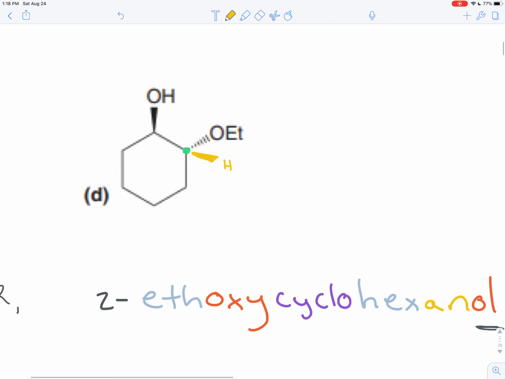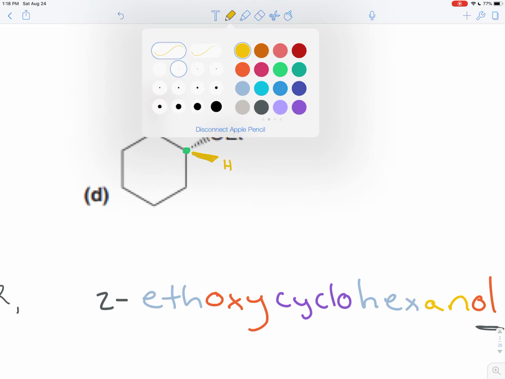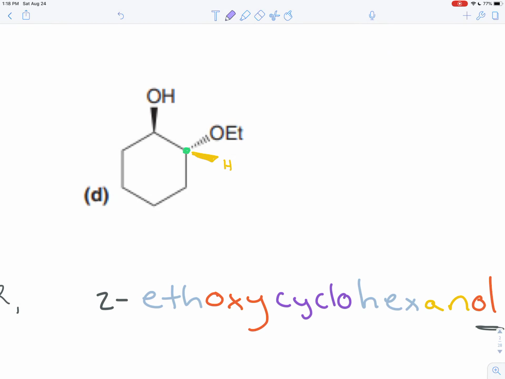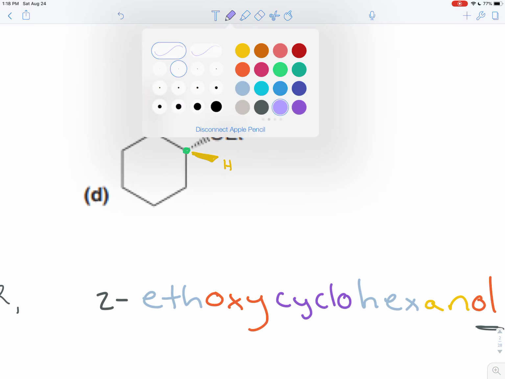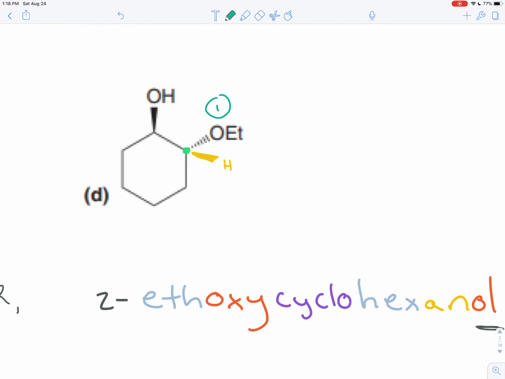Okay, first step is to assign priorities. We already saw in the last one, oxygen has an atomic number of 8, and so that gets the highest priority here. Hydrogen has an atomic number of 1, so that's the lowest. We have two carbons that tie, so this carbon here and this carbon here, they both have an atomic number of 6. And so whenever they tie, you make little tables. So this top carbon is bonded to an oxygen, a carbon, and a hydrogen.